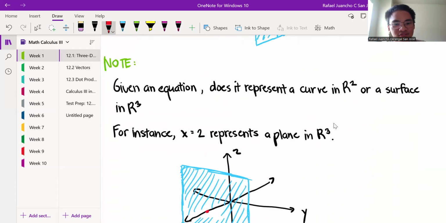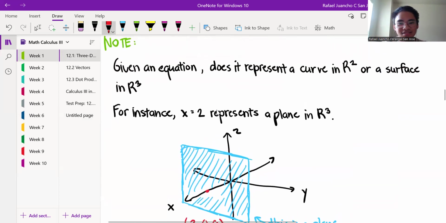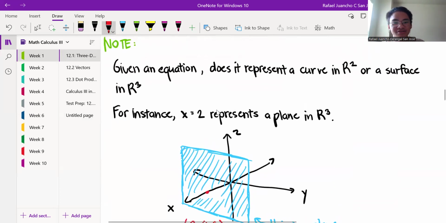And we have a note. So given an equation, does it represent a curve in R squared or a surface in R cubed? For example, x equals 2 represents a plane in R cubed, right? So what we're basically looking at is this thing called context.